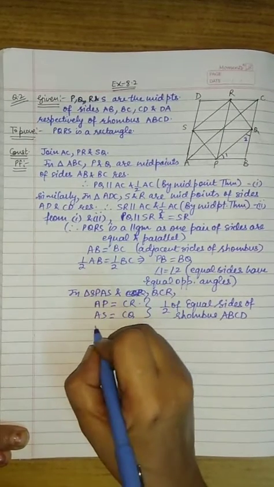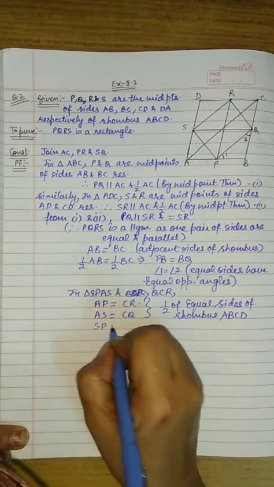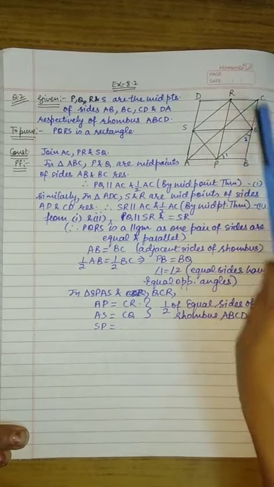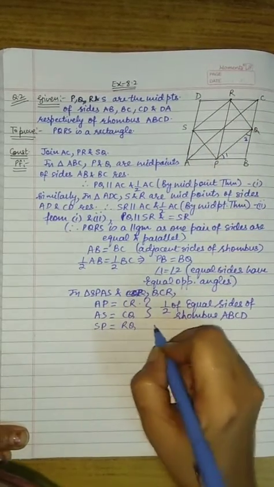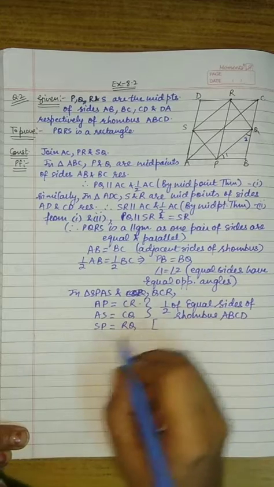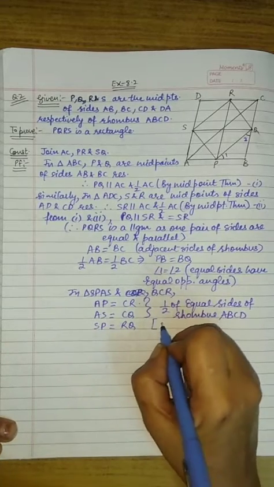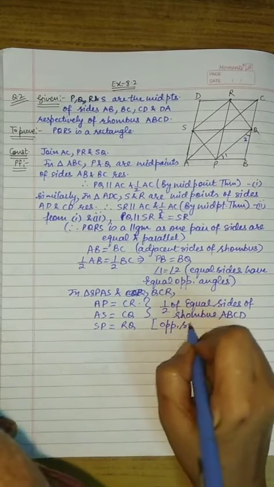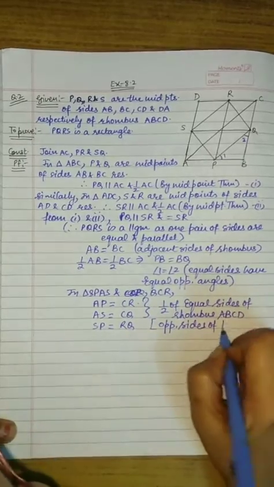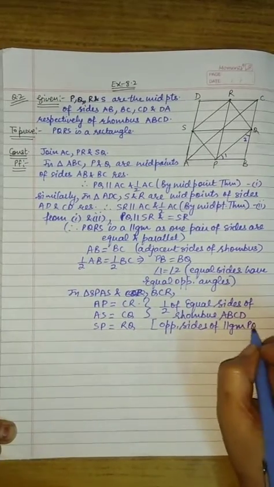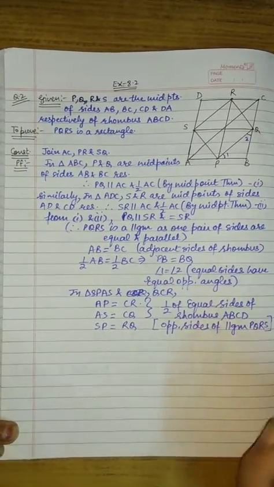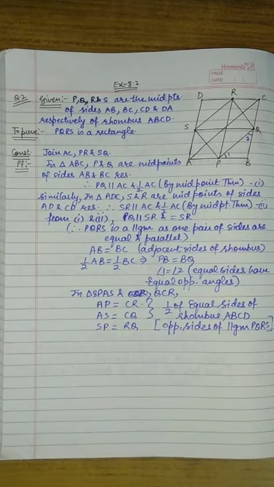Now SP is equal to RQ. Why is SP equal to RQ? Opposite sides of parallelogram PQRS. We have already proved that PQRS is a parallelogram. Therefore, opposite sides of parallelogram are also equal.